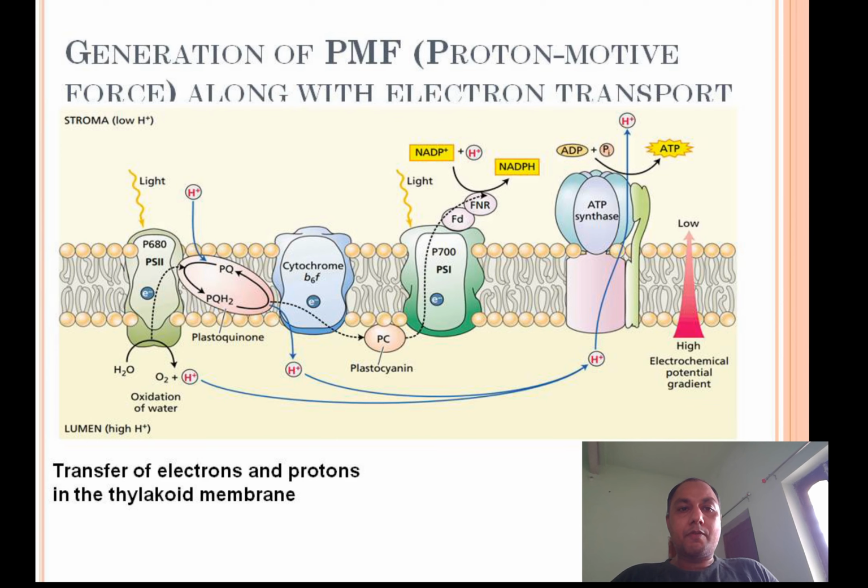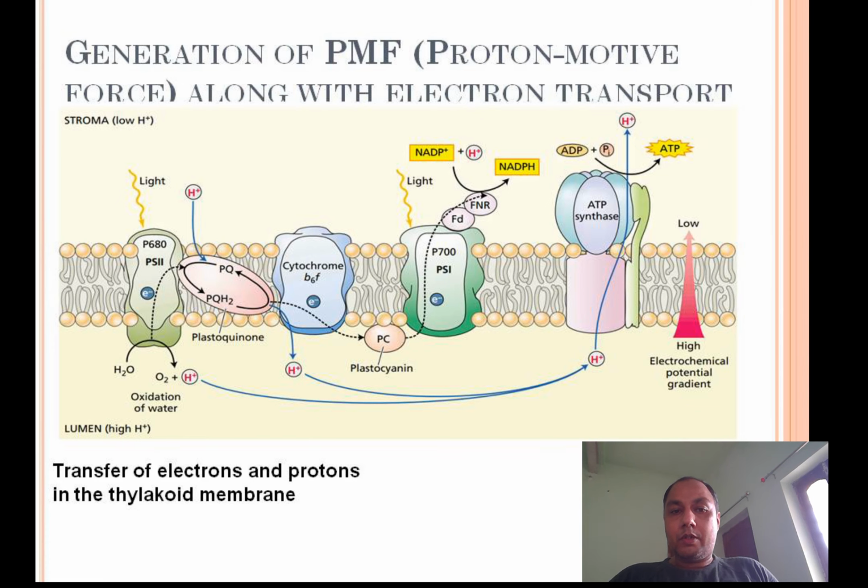For example, from photosystem II, due to water oxidation, oxygen as well as protons are liberated towards the lumen side. Similarly, due to the plastoquinone cycle, cytochrome b6f liberates protons towards the lumen.